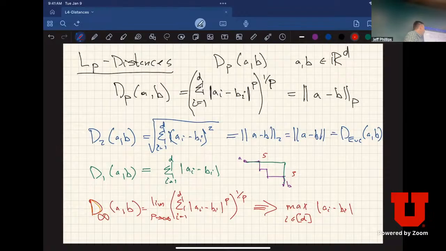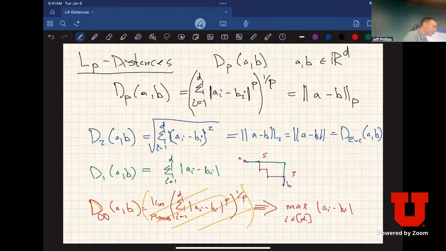Now, it's not quite true because there are some technical issues. If there are two distances that are exactly the same value, then I'll add them up before I do this. So if the values are tied, it's not quite the same thing here. This is not the technical formula.